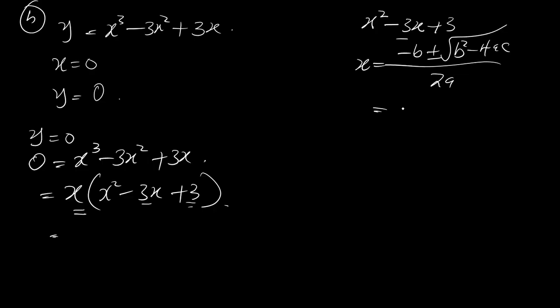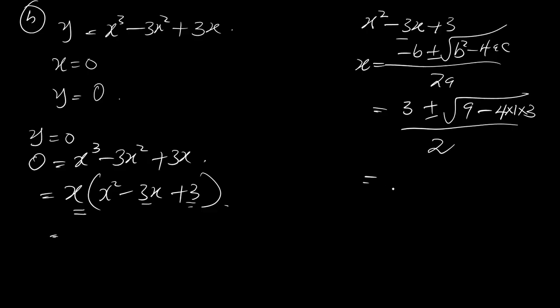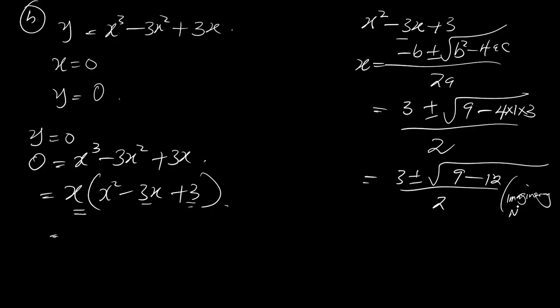So you have 3 plus or minus the square root of 9 minus 4 times 1 times 3, c is 3, divided by 2. So we have 3 plus or minus the square root of 9 minus 12 divided by 2. So this is an imaginary number.